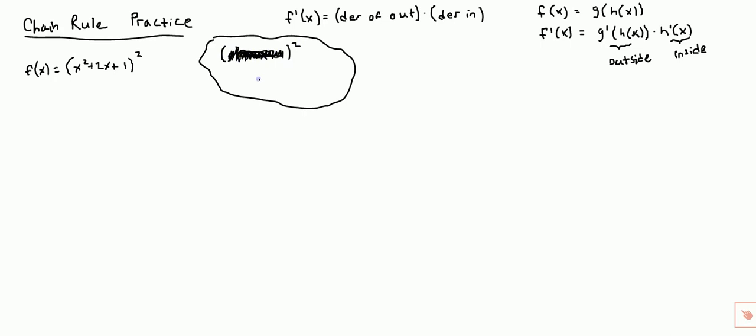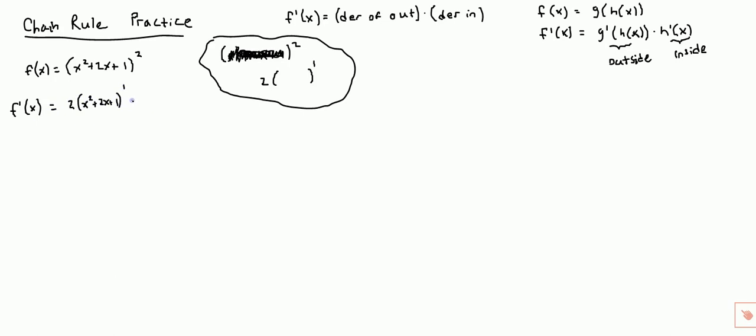And what does the derivative of that look like? It looks like 2 times something to the 1, right? This is the derivative of the outside. Okay, so f prime of x, going to have 2 times something to the 1, and the something is unchanged. It's just that x squared plus 2x plus 1, right?